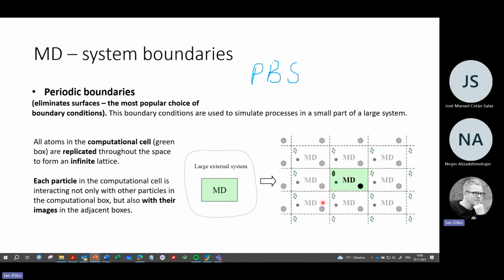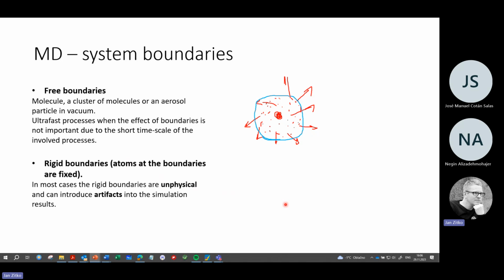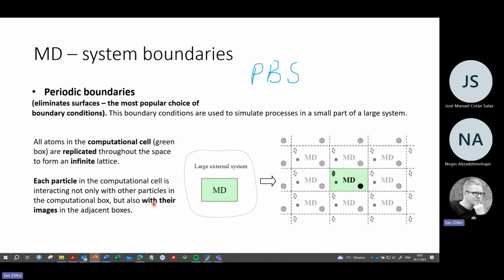This replication is done into infinity, which means that actually you do not have any boundaries. So we have solved the problem with boundaries, because here the boundaries were free, which is no good because we have evaporation, so it works only for short processes. Here we had rigid boundaries, an artificial potential barrier, which is not how it should be. So we solved this problem by eliminating the boundaries. There are no boundaries at all.